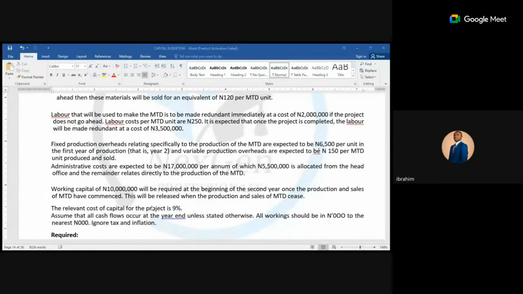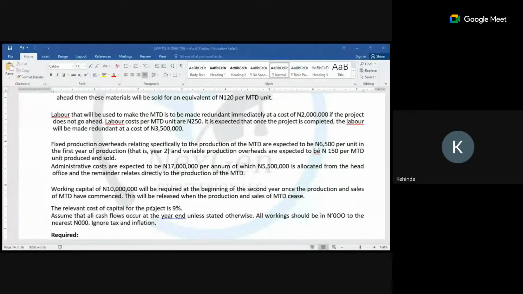So are we going to treat it as an inflow or outflow? Kende? Good evening, sir. To me, I think this looks like an avoidable cost for us because of the clause, if the project does not go ahead.